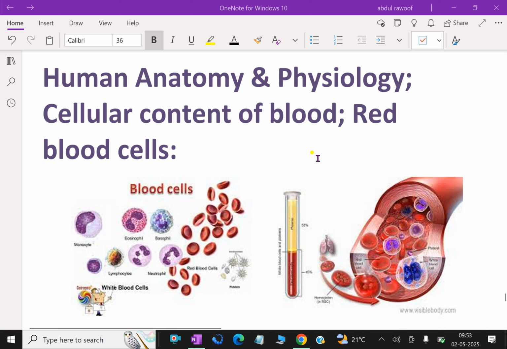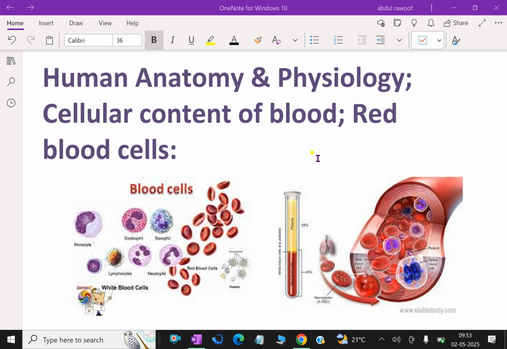Hemoglobin. Hemoglobin is a large complex molecule containing a globular protein, globin, and a pigmented iron-containing complex, heme. Each hemoglobin molecule contains 4 globin chains and 4 heme units, each with 1 atom of iron.